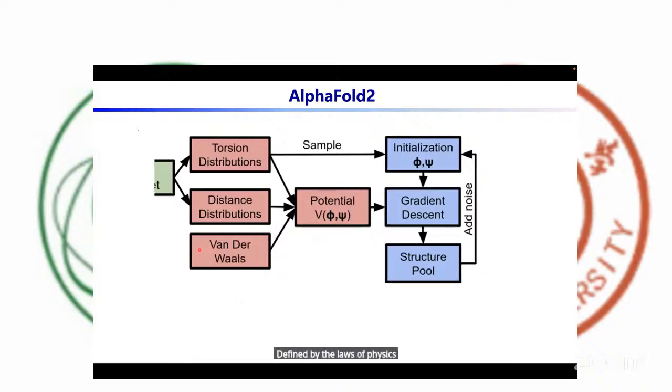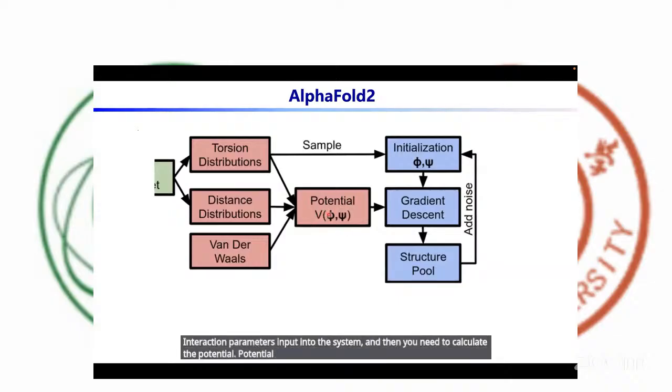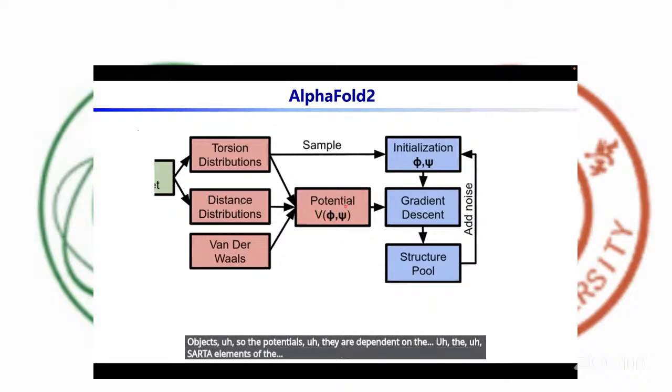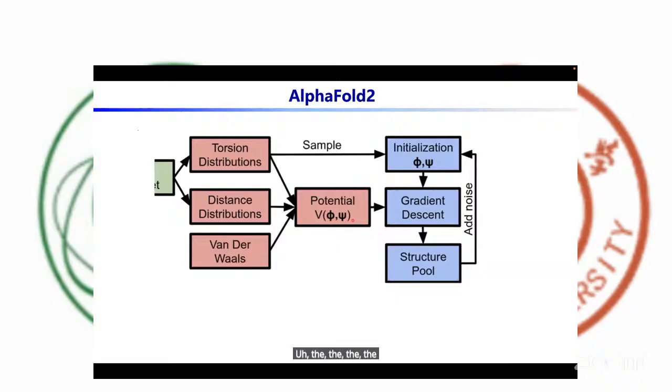So that's why you have these van der Waals interaction parameters input into the system, and then you need to calculate the potential. Potential is a concept of physics describing the interactions of objects. So the potentials are dependent on the structure elements of the protein fold, particularly phi-psi angles, and so on and so forth.